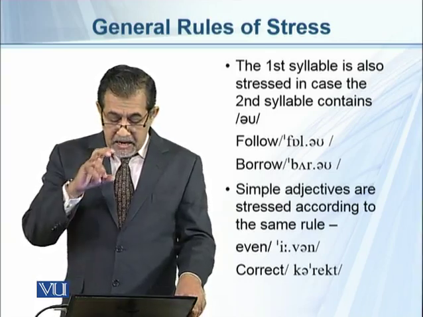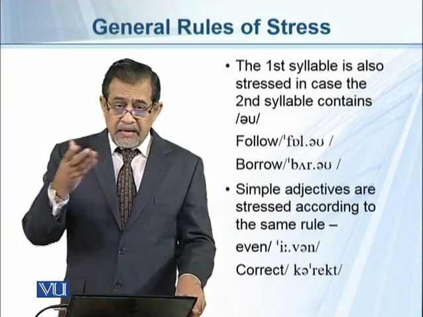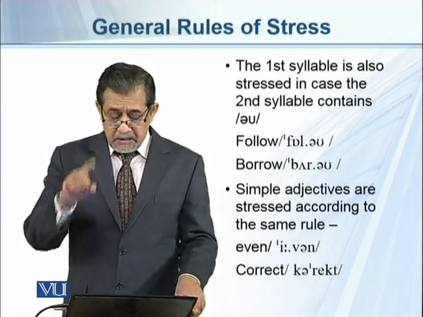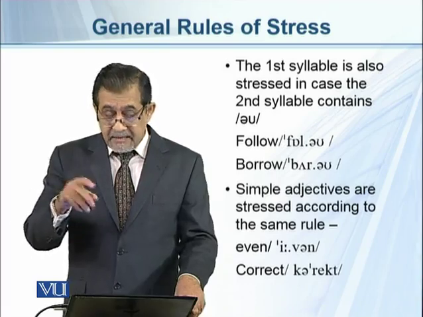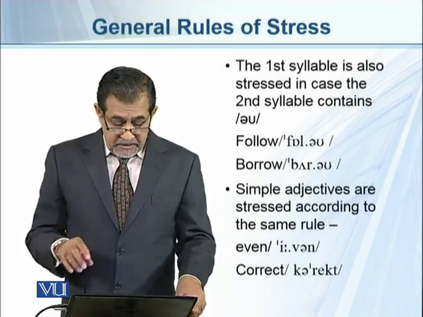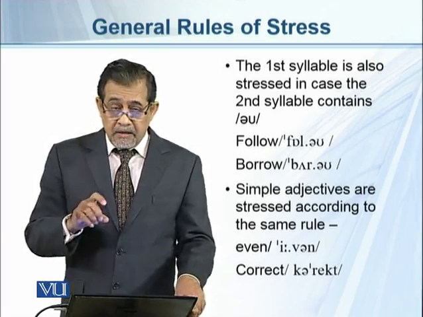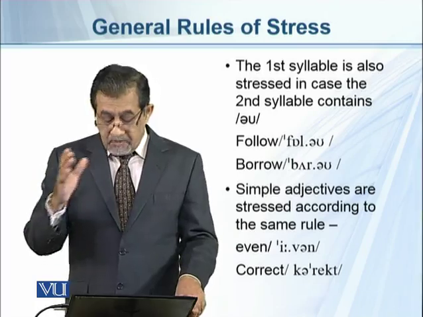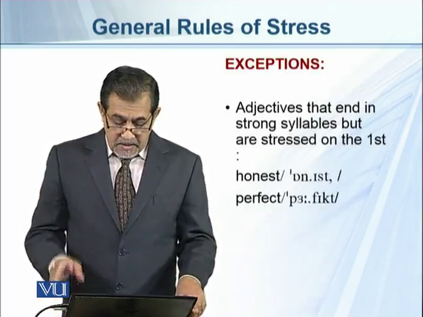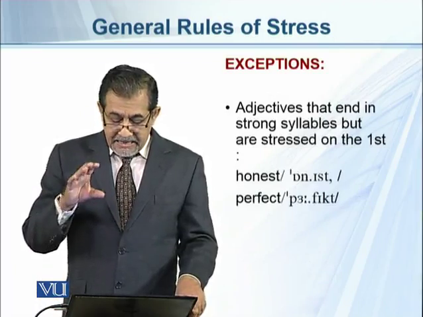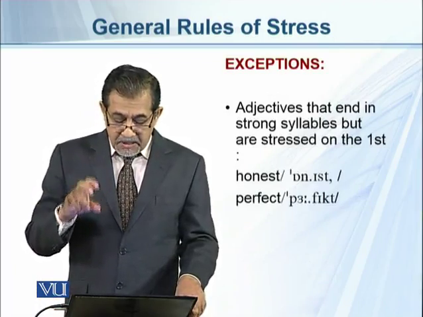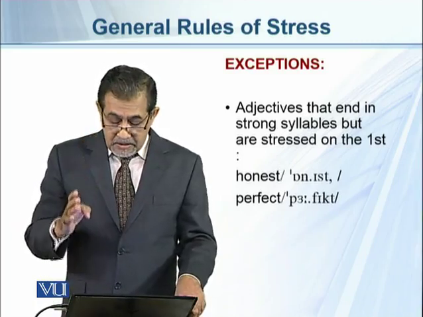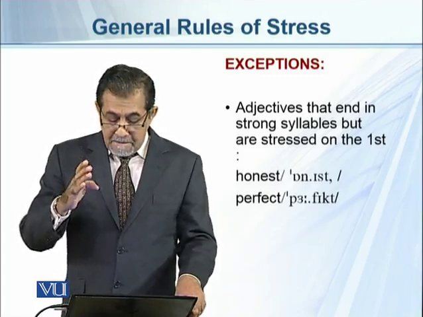Simple adjectives are stressed according to the same rule as verbs. Even, one has a weak syllable. Correct has a short syllable, right? Cur has a weak syllable, so rect has a strong syllable, so stress goes to rect, correct. Exception: adjectives that end in strong syllables but are stressed on the first. For example, honest and perfect.